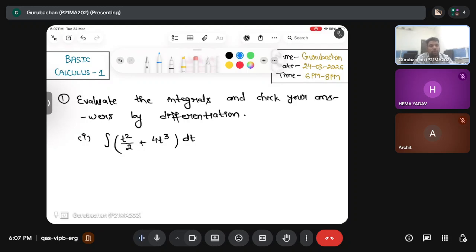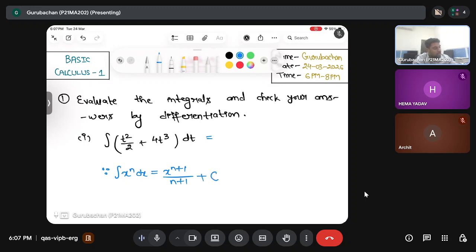So it's a basic problem. You all, I guess, are obviously aware of how to solve these kinds of integrals. You know that the integration of x to the power n dx is x to the power n plus 1 divided by n plus 1, plus some constant.